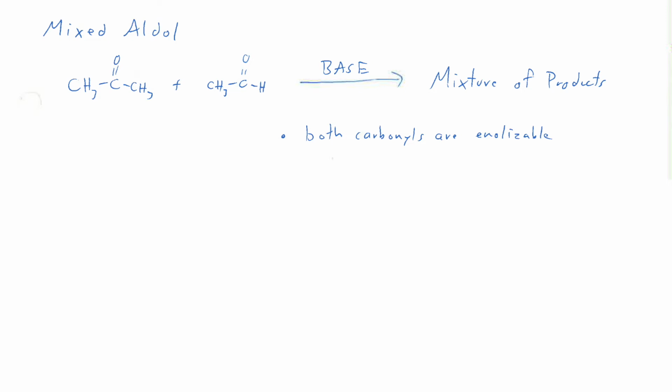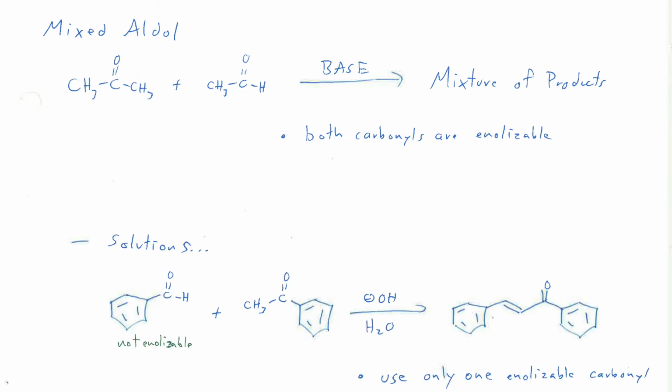One possible solution to this is to simply do the reaction where only one of the two carbonyls is in fact enolizable. In other words, only one of the two carbonyl compounds has alpha protons. This is really commonly done with things like benzaldehyde or substituted benzaldehydes. You see how on benzaldehyde, there's only one alpha carbon, and it's a benzene carbon, and it doesn't have any alpha hydrogens on it.